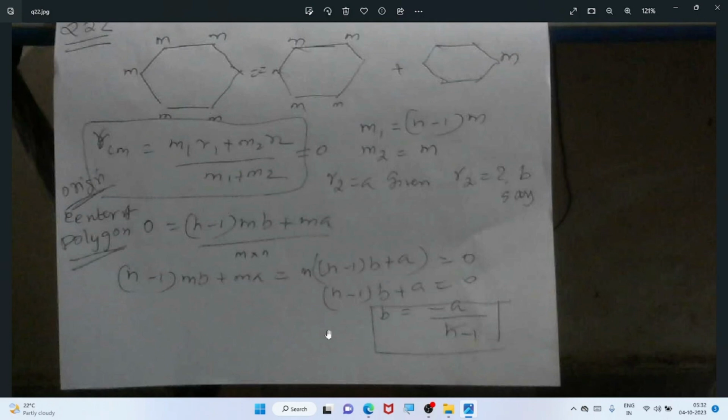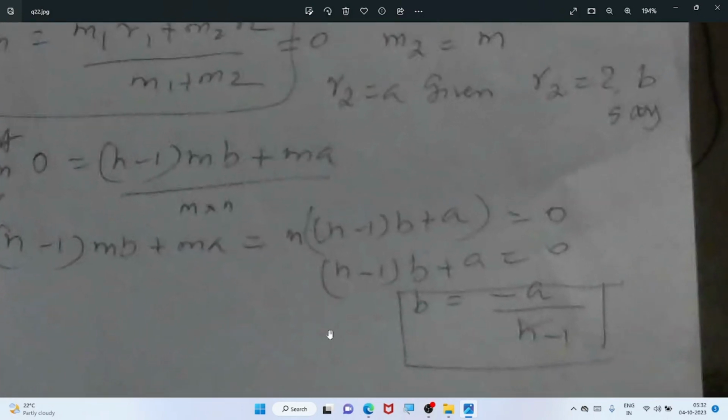If you equate this, you will get the position vector b as minus a by n minus 1.